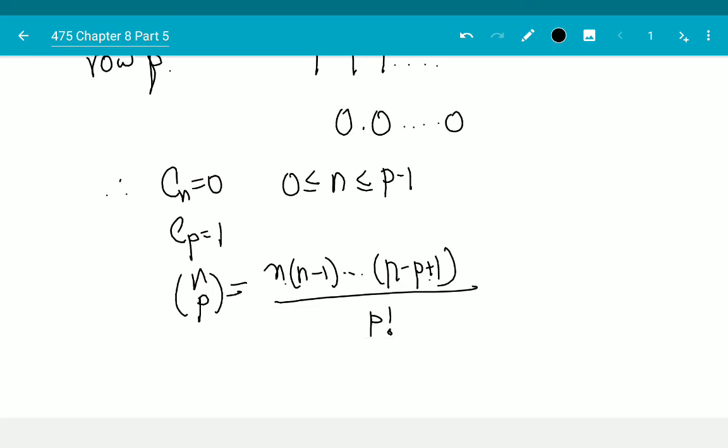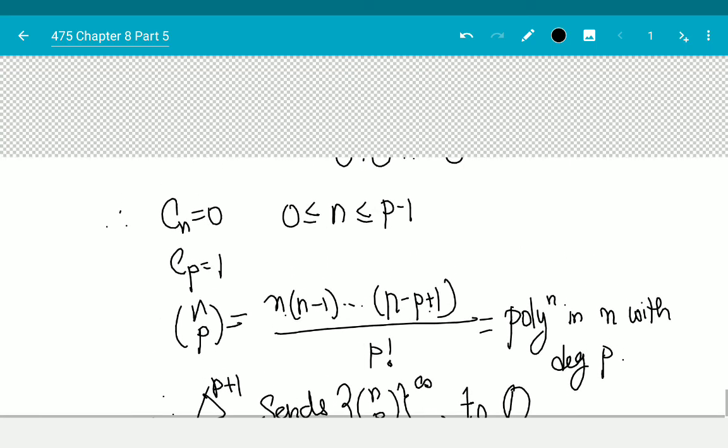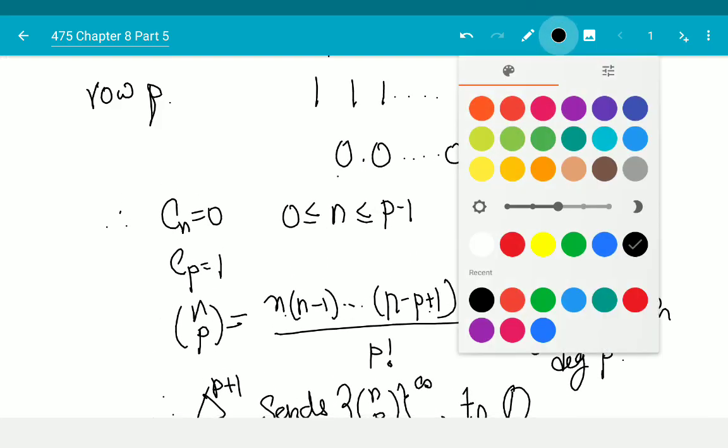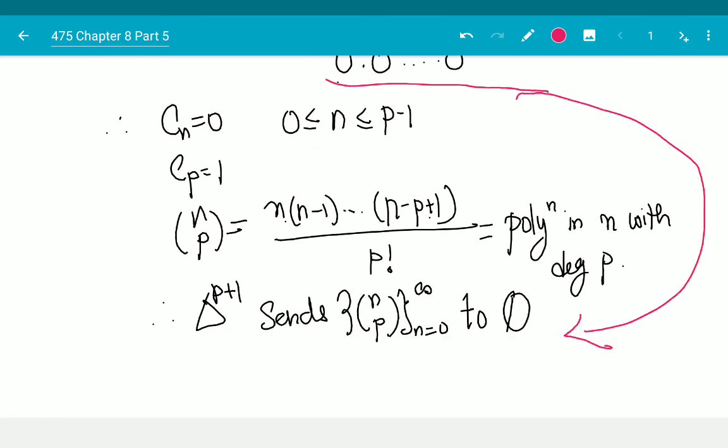The above thing is changing with n. So this is a polynomial in n with degree p. Therefore, delta to the p plus 1 sends n choose p, the entire sequence, to 0, which is why I could comfortably write this sequence as 0, 0, 0, 0 here because of this fact, right?